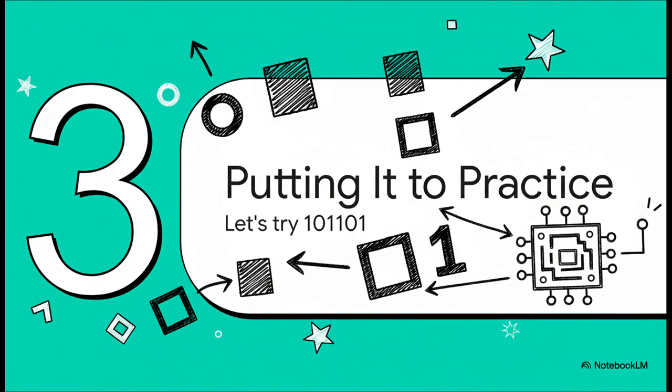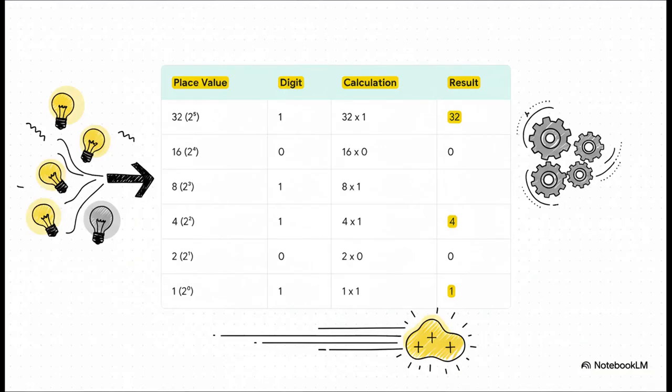So let's do one more just to really lock it in. We'll go with a slightly bigger number this time, 101101. Okay, same process. We'll just move a little quicker this time. We lay out the number, and we fill in our place values from right to left. 1, 2, 4, 8, 16, and this time we need the 32's place. Now, which switches are on? We've got a 1 for 32, 8, 4, and 1.